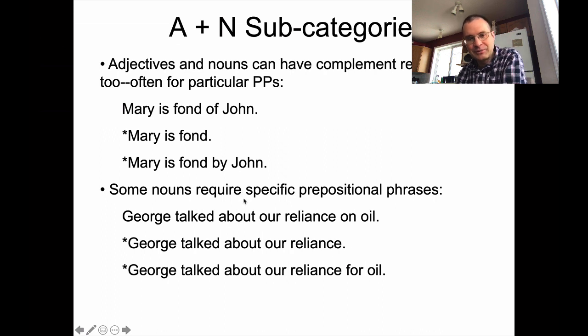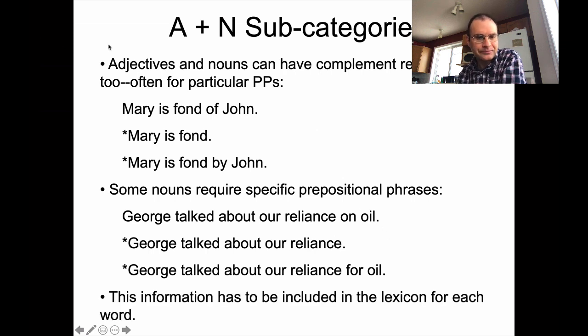Also, here's some nouns that can require specific prepositional phrases. So George talked about our reliance on oil. You can't just say George talked about our reliance, or George talked about our reliance for oil. You have to say on oil in this particular case.